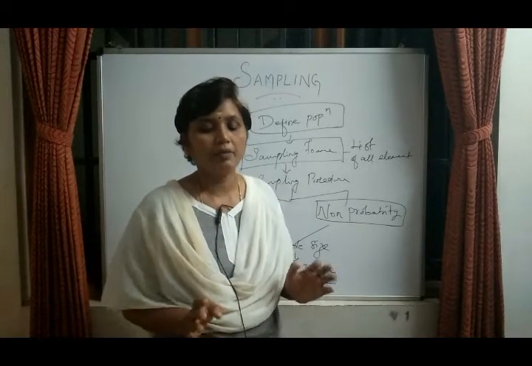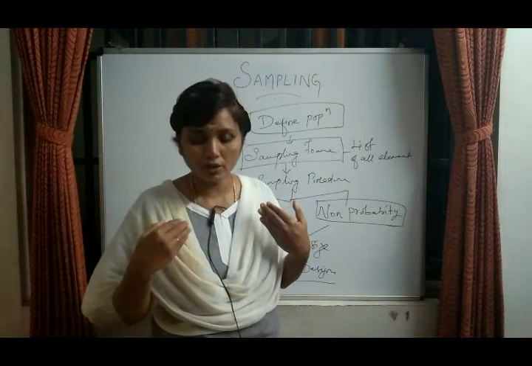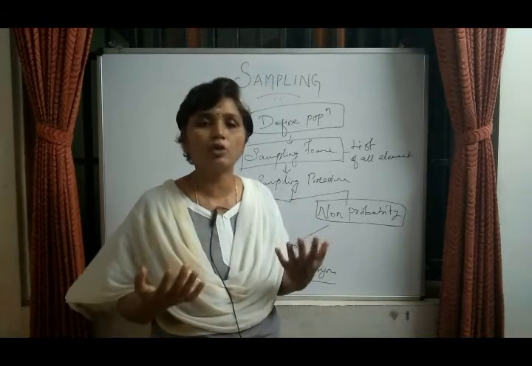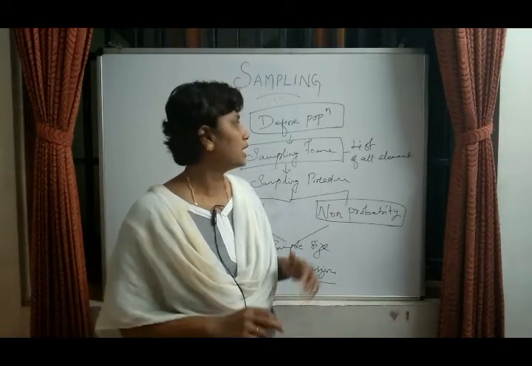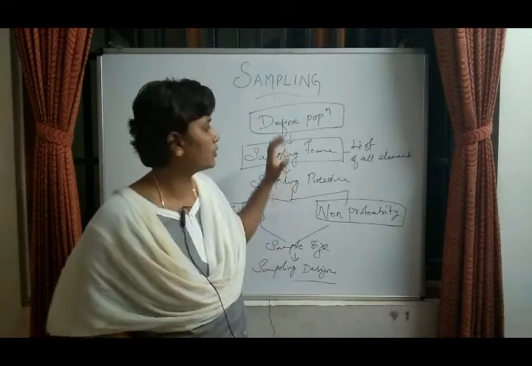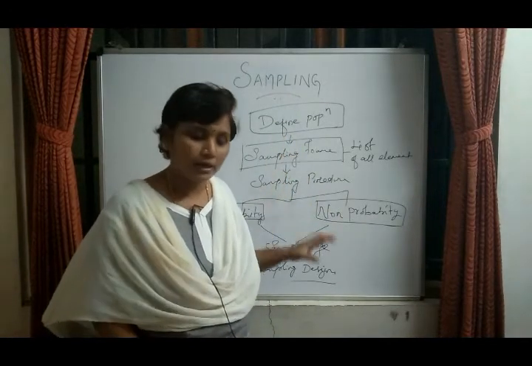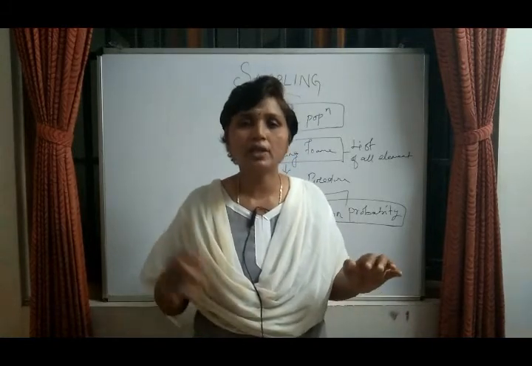And finally, we will be deciding what sampling procedure we have to adopt to select the samples. Okay. So these are the steps involved and the terminologies we use in the sampling design process. Okay. So we will be continuing in the next part.